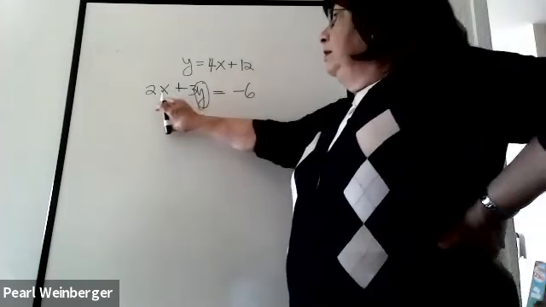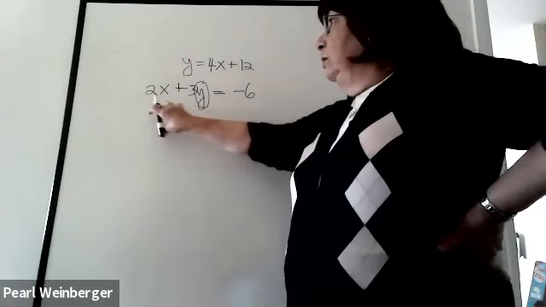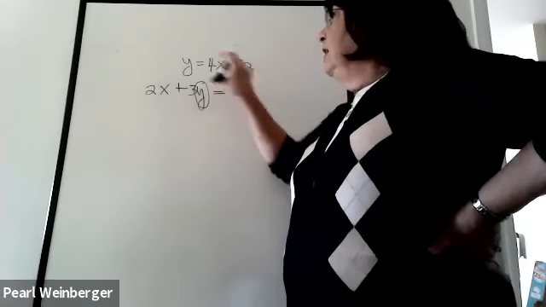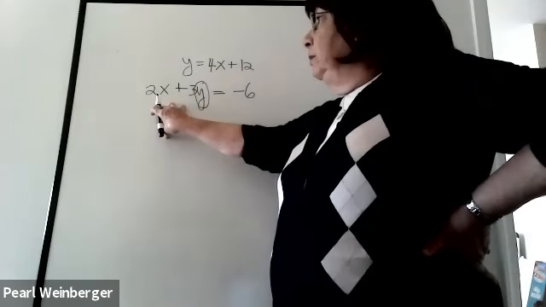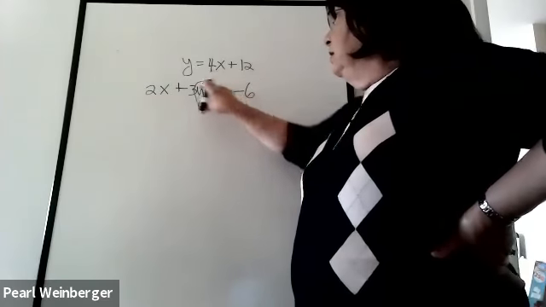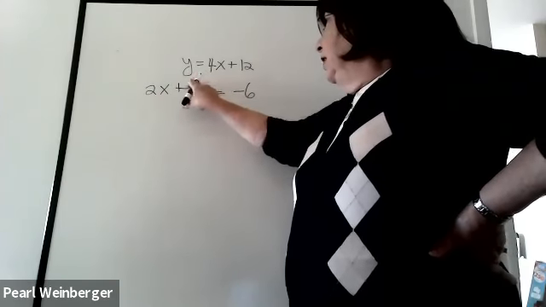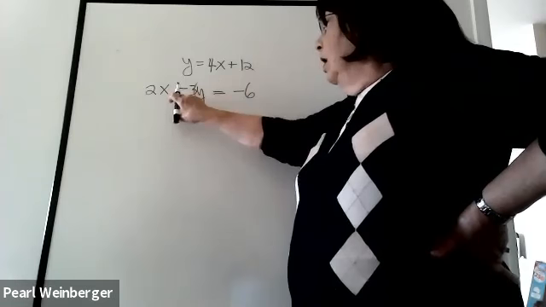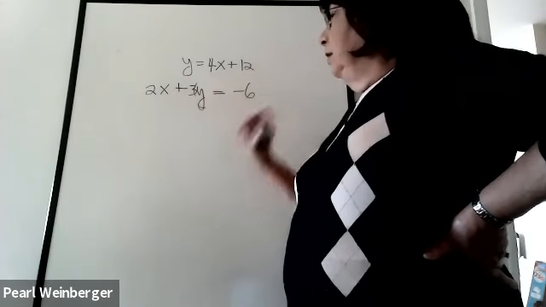If I want to solve this by the elimination method, then I need both of my equations to be in standard form. The second equation is in standard form. It's got the x, then the y, then the equal sign, then the number.